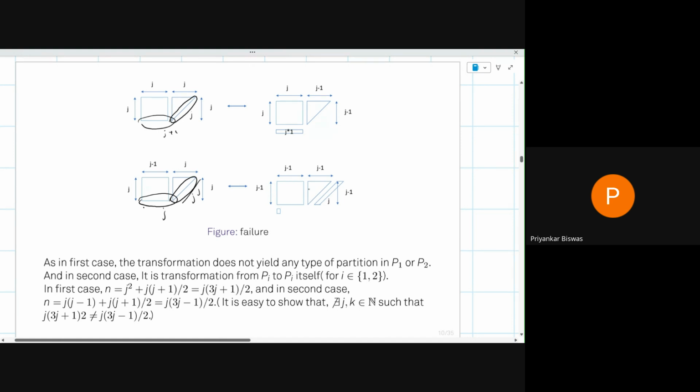So you cannot make this type of transformation, because if you make the transformation, then you will get something like this, but this is not valid. I mean, the sizes must be the same, or this must be less than or equal to this after cutting this out.